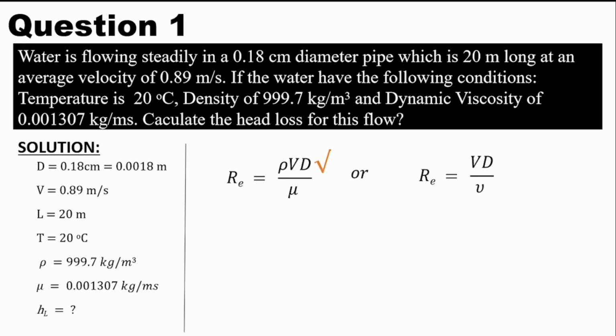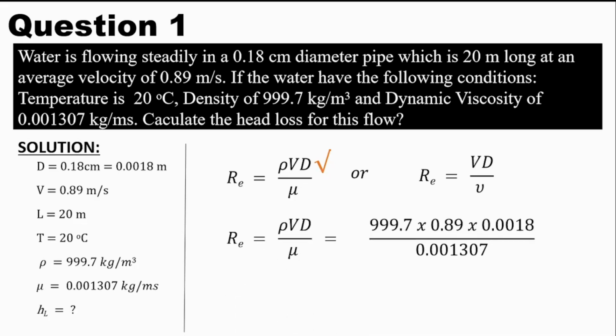The next step is to put in the values. So I put the values into this equation. My density is 999.7 times the velocity 0.89 and the diameter 0.0018, divided by the mu, which is 0.001307.